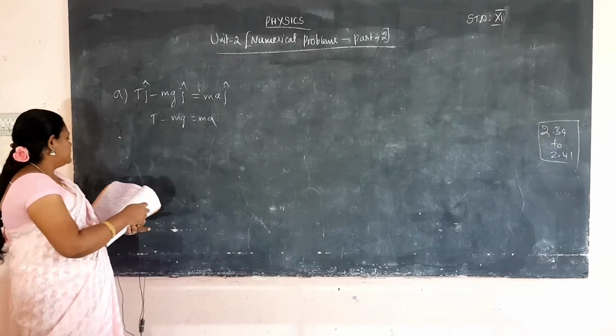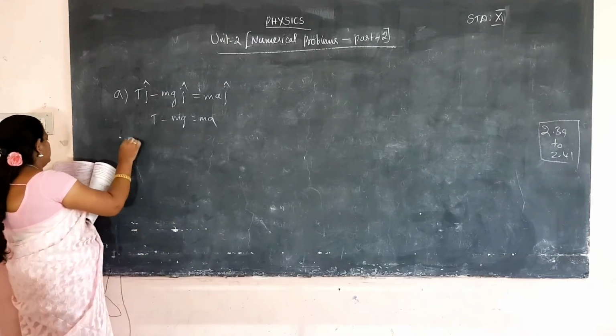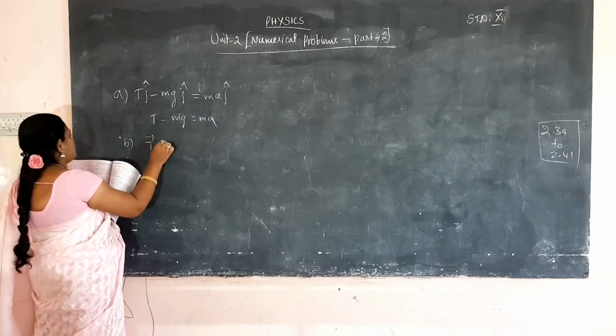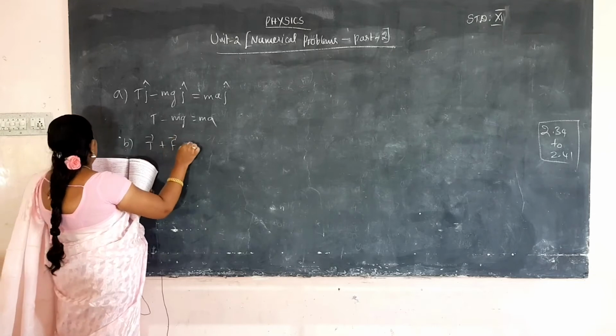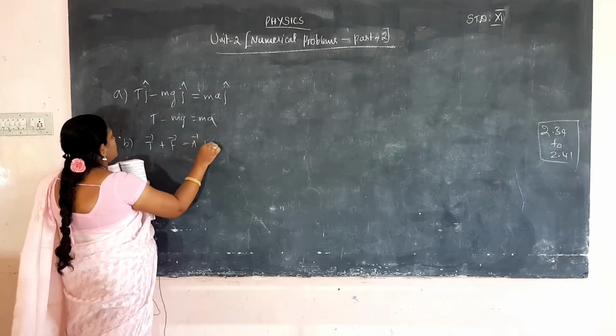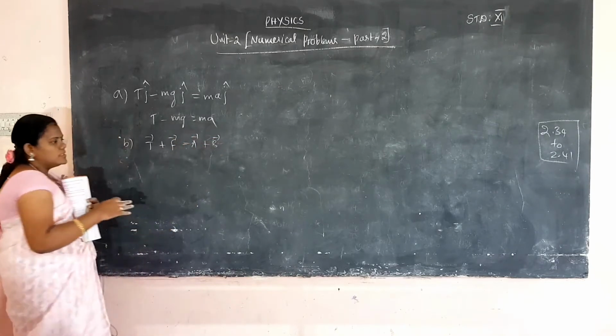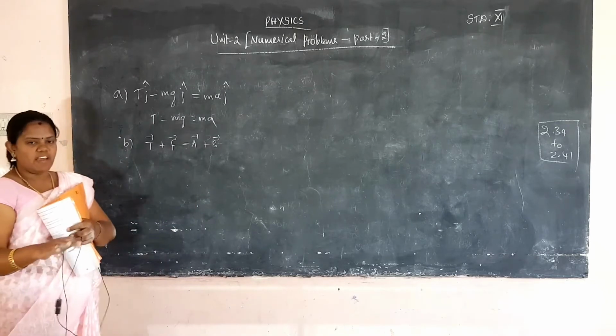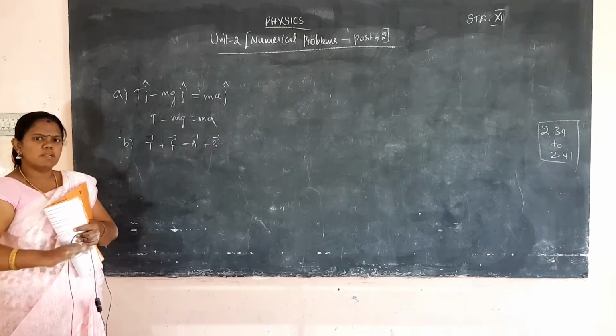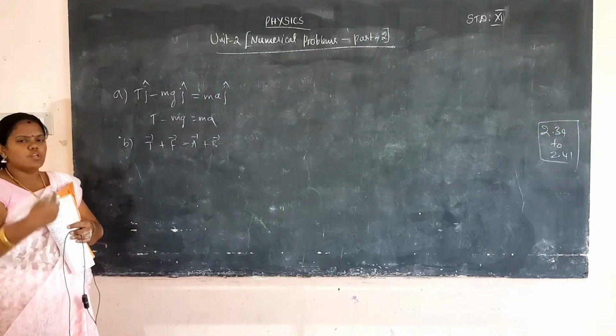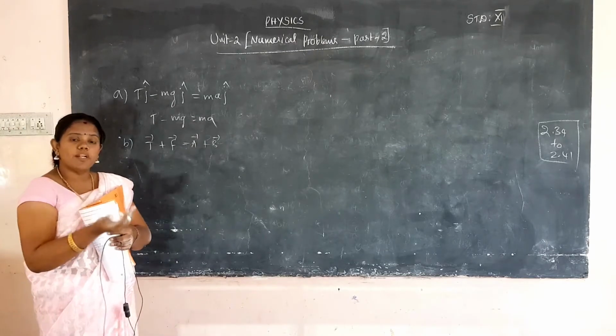And the second one, B: T vector plus F vector is equal to A vector plus B vector. This vector equation does not have the unit vectors, it does not mention the x component and y component. So you have to mention it with the components.